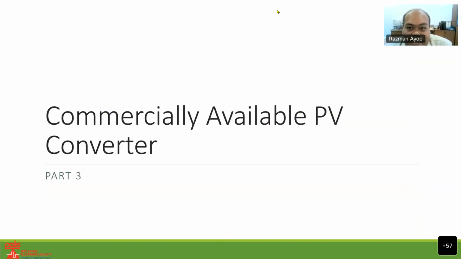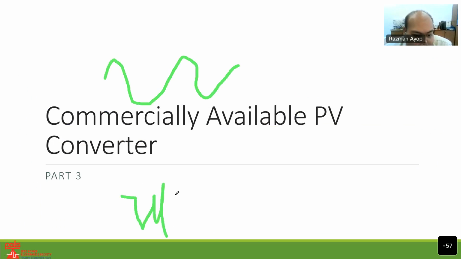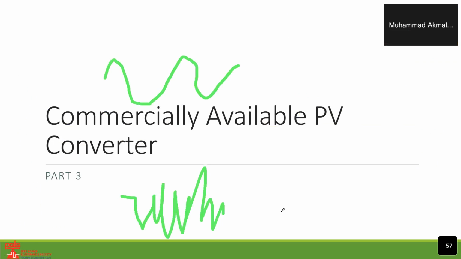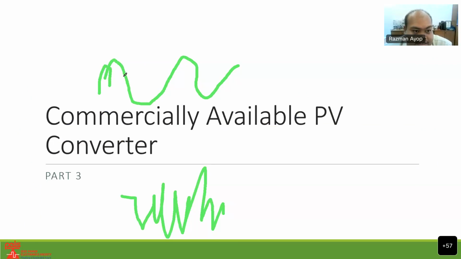Maybe I can annotate here. Pure sine is basically a pure sine wave like this. Non-pure sine is something like this. It uses a square wave, but during this part the square wave may be larger and at this side it may be smaller, something like that.